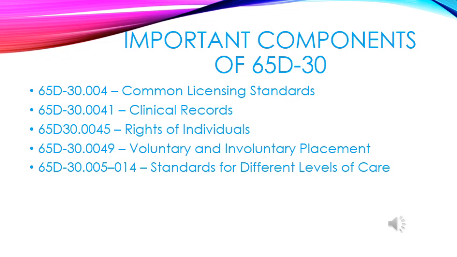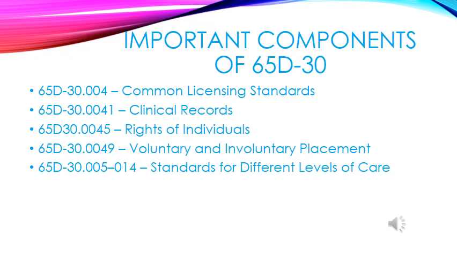In Section 65D30.004, the regulations specify the requirements for all substance use disorder treatment providers, requiring things like personnel policies and records, the types of services which may be provided, infection control, and reporting abuse and neglect. New this year is a section about overdose prevention, including the requirement to inform individuals served about naloxone and where to obtain it.